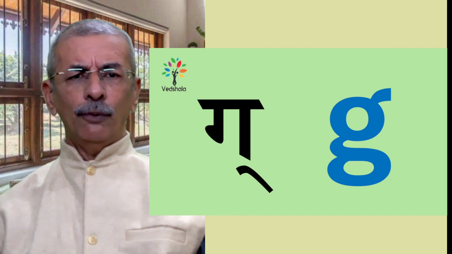So exactly what we are going to study: I am initially going to give you the set of vowels, thereafter the set of consonants, and then how the consonant which is half by itself becomes complete, and thereafter how the words are formed.